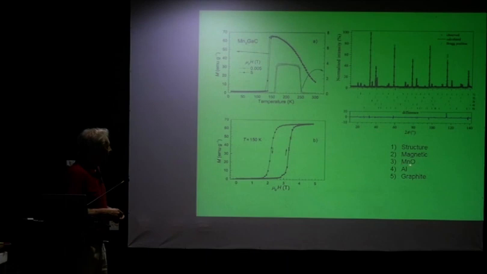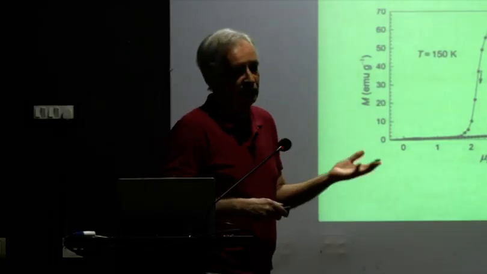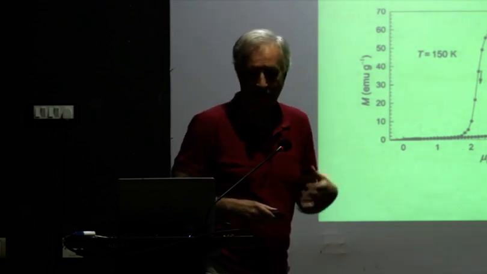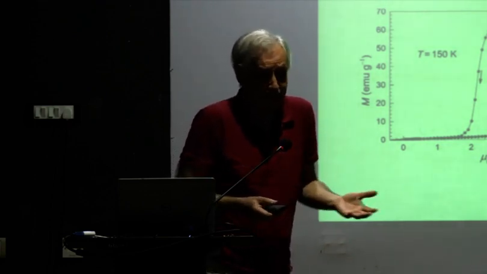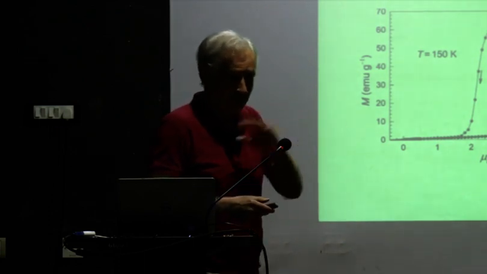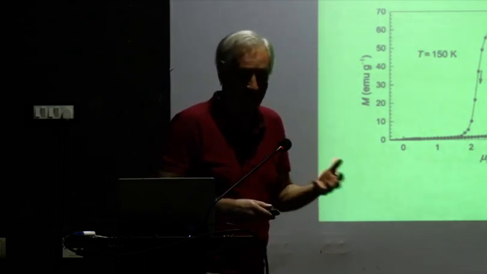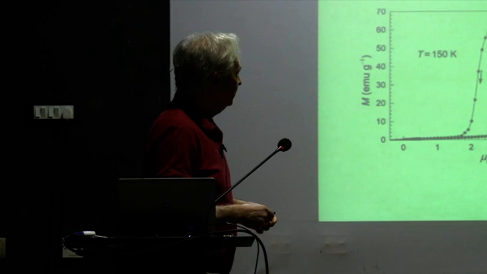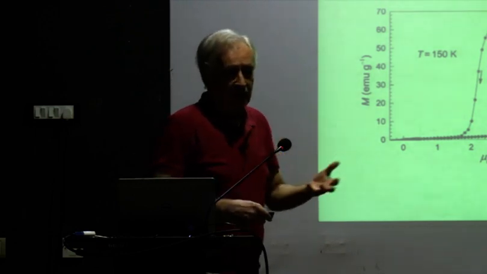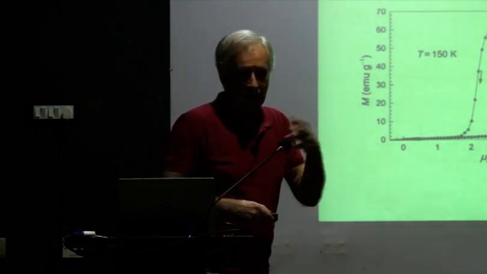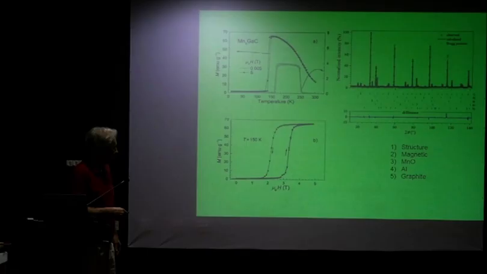And then you have peaks coming in from manganese oxide, which is an impurity in all these systems. You can't avoid it. When you make samples like this, you always have manganese oxide somewhere. So you have to look for it. And anything that you're refining with these things, you'll have your manganese oxide, mostly. Aluminum comes from the environment, from the cryostats and things like that that you're using in your setup. That's always there.